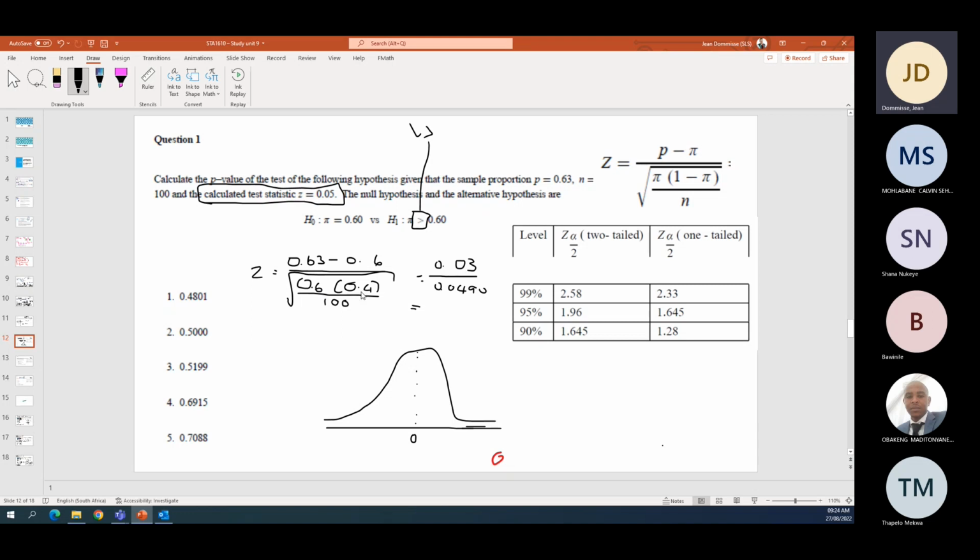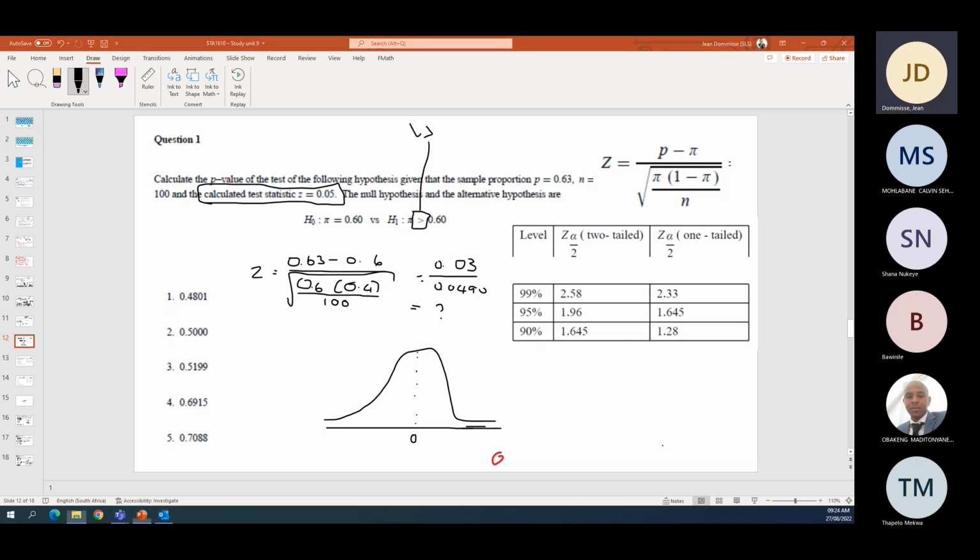That times that. 0.6 times 0.4 divided by 100. And that is interesting. I'm getting a different number here, which is strange.